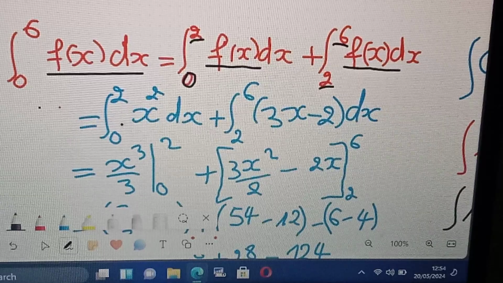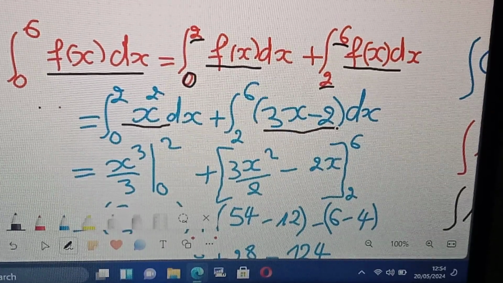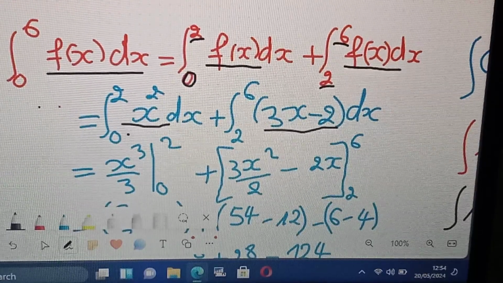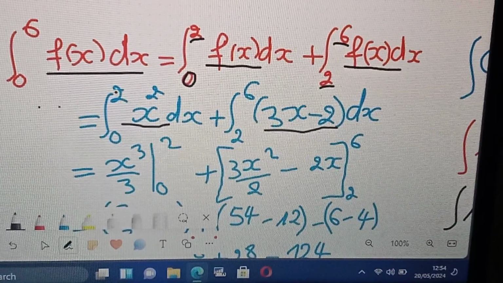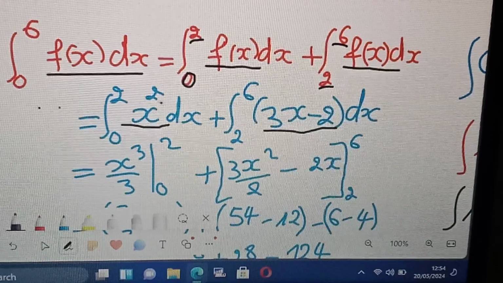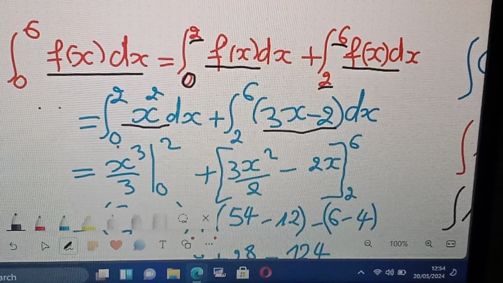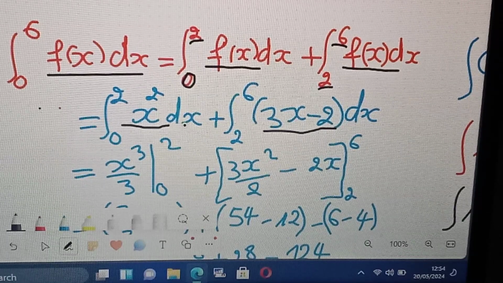Remember, we have two functions, x squared and 3x minus 2. For the first function, the lower boundary is 0 and the upper boundary is 2. Here, you must identify which is the lower boundary and which is the upper boundary of each piecewise function given.